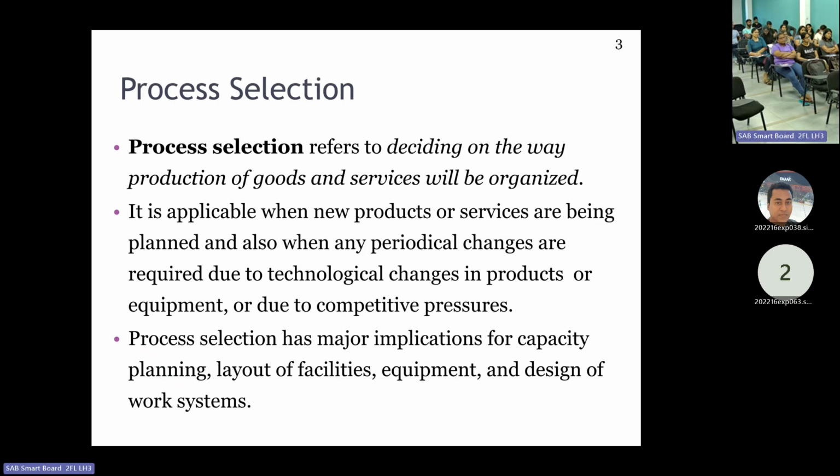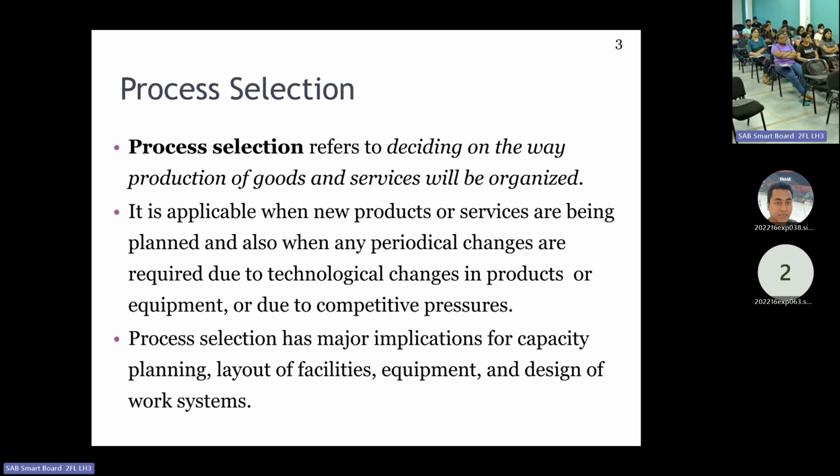In that sense, do we see processes only in manufacturing? Can we see processes in service operations? In general, even in day-to-day life, we are involved in processes. It is a step-by-step sequential set of activities from a starting point to the end, and at the end of that, we get something as the output.